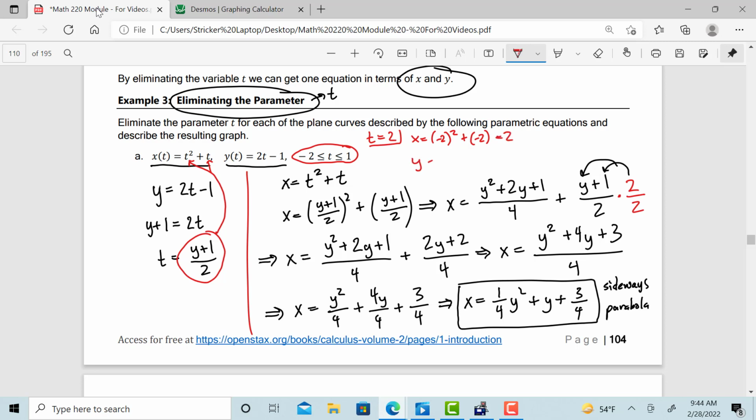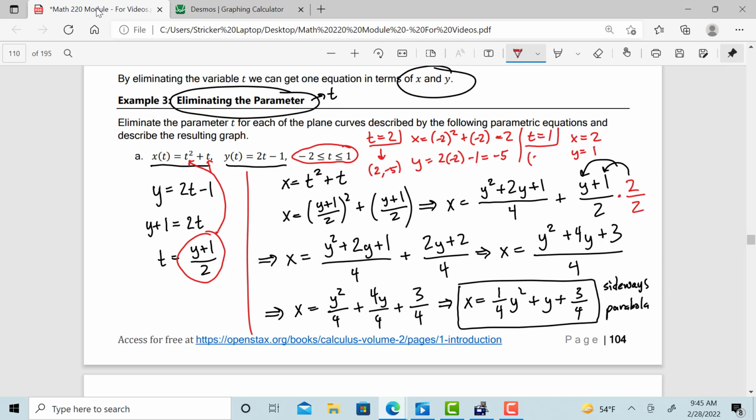We know that y is going to be 2 times -2 minus 1, which is -5. So that t equals -2 is really the point 2, -5, right? And then we could also look at t equals 1. There's the other end of the bounds. When t equals 1, we can see that x is equal to 2. And of course, y would be equal to 1.